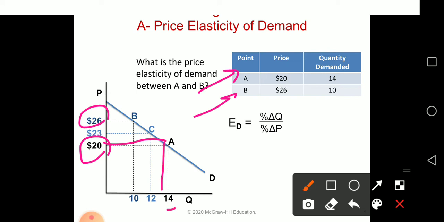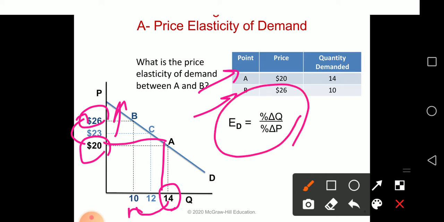It was 14, and then when the price became 26 it decreased. So I have here a rise in the price, right? What happened to the demand when we have a rise in the price? That demand has decreased.